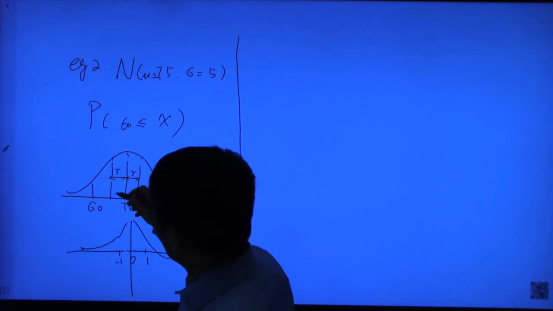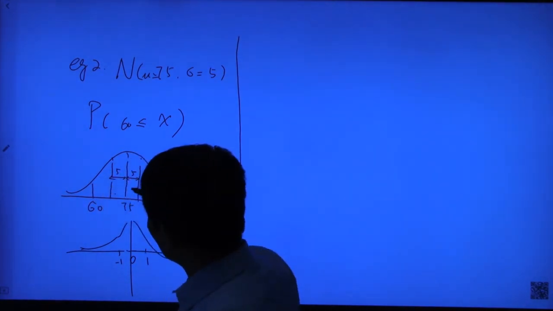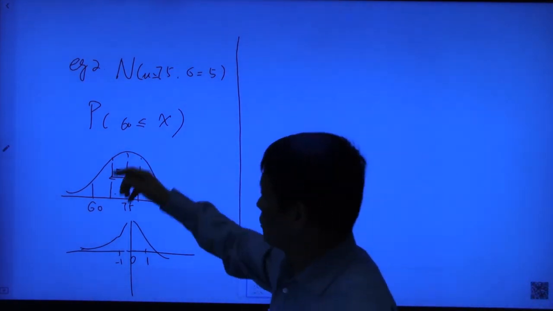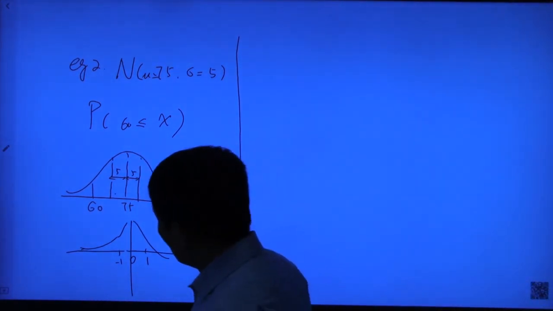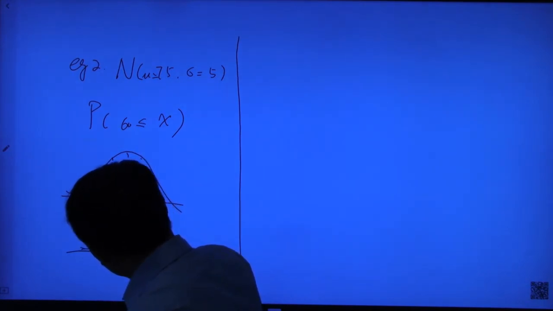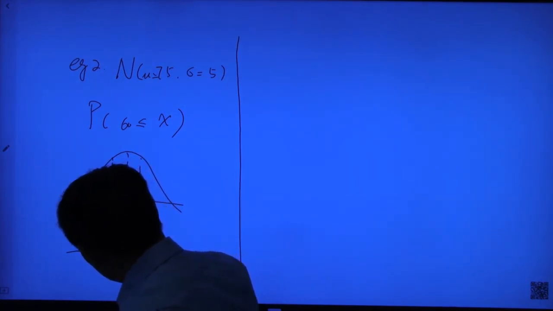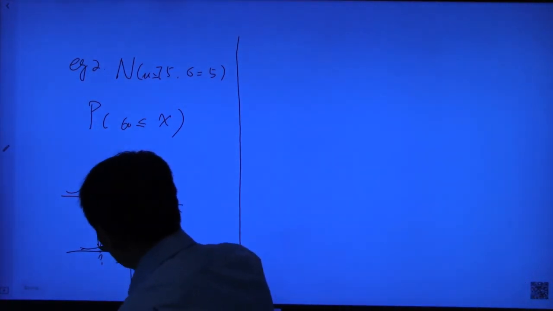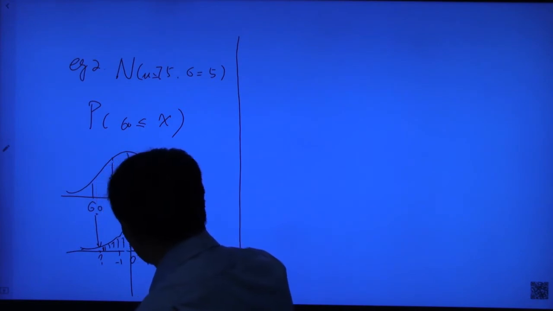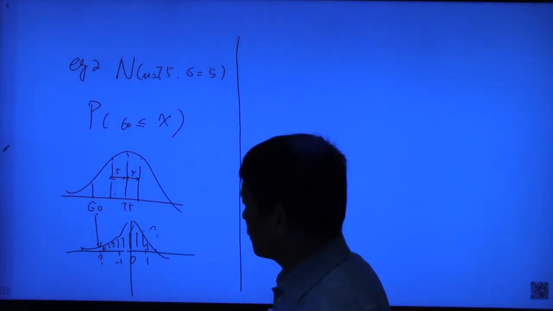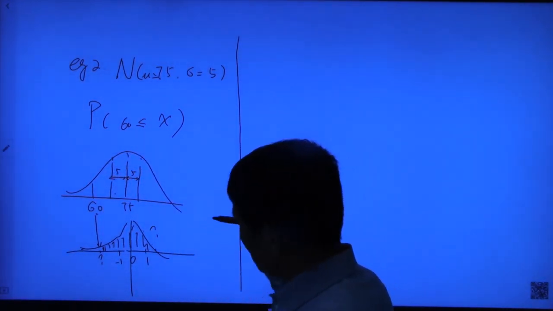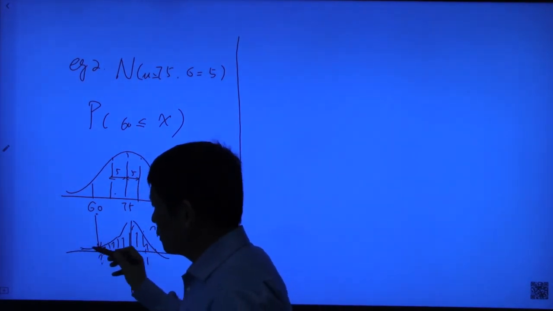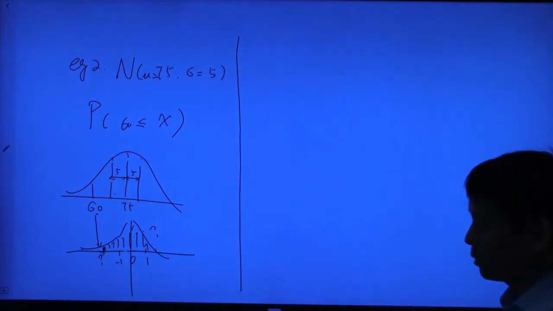So the area from here to the right is what we are looking for, so x is greater or equal to 60. We need to find the z-score corresponding to 60 somewhere here. Then we can just check table A, try to find the area for this part. But keep in mind again, in table A, the number gives us the area to the left. So we are going to have a special treatment to do this.